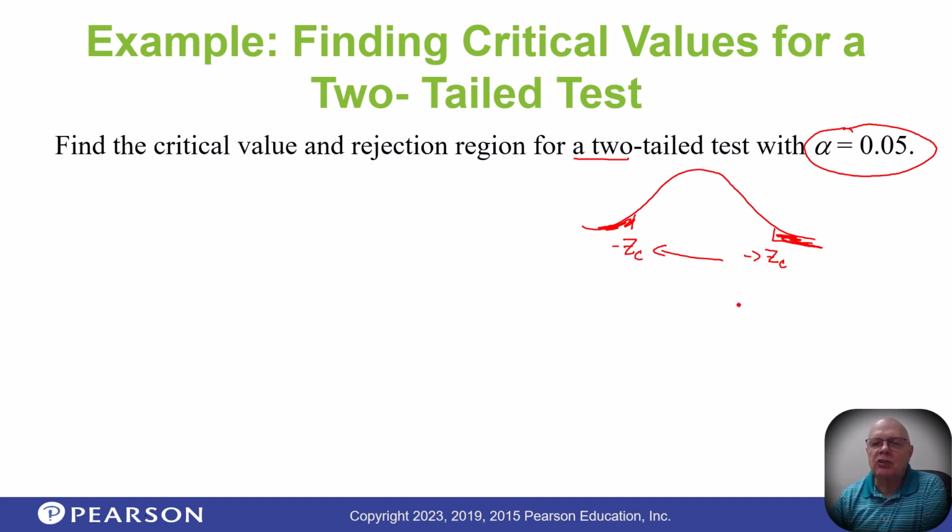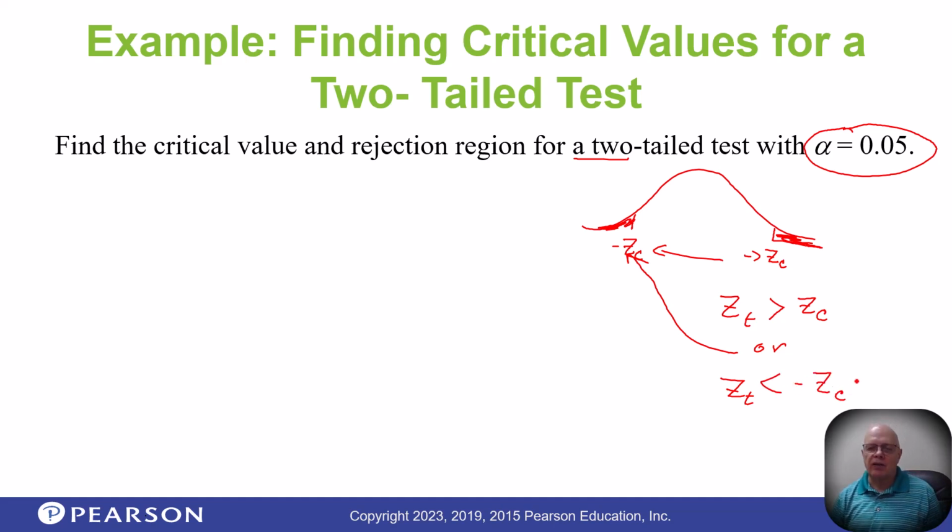So your rejection region will be z sub t greater than z critical, or, because you can reject it two different ways, your test statistic shows up over here and it's less than the negative z critical value.